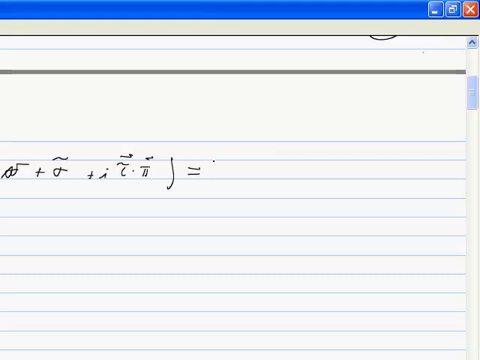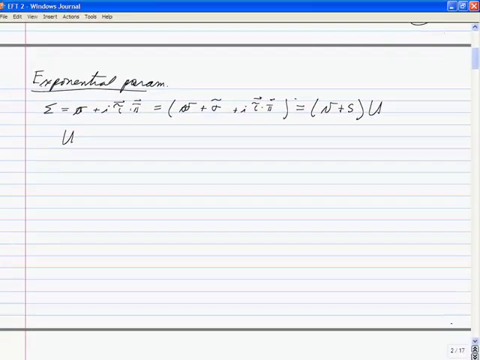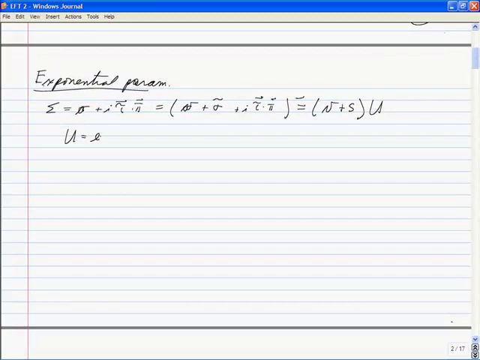And we're here going to define this as (v plus f) times u, with u, there's a definition, u is e to the i tau dot pi prime over v.